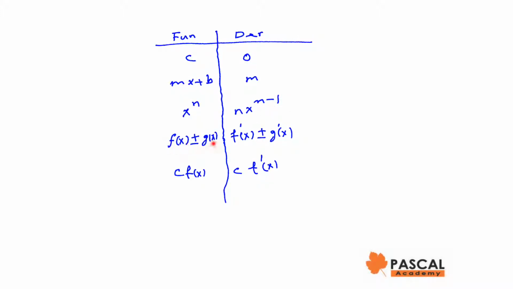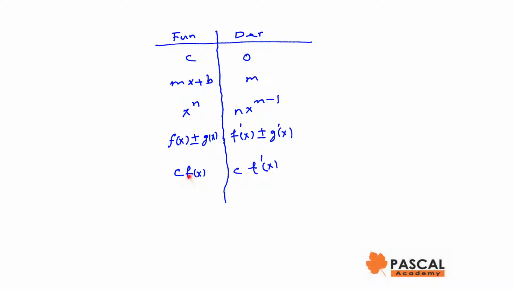The derivative of the addition of two functions is the addition of their derivatives, or the derivative of the subtraction is the subtraction of derivatives. This can be done using the definition of the derivative and using the fact that the limit of the addition of two functions or subtraction of two functions is equal to the addition of limits or subtraction of the limits.